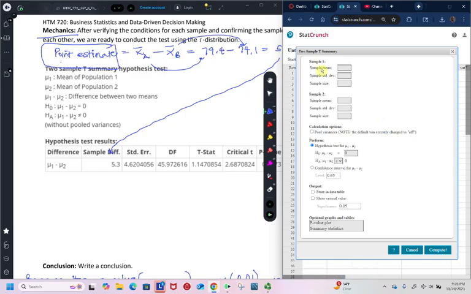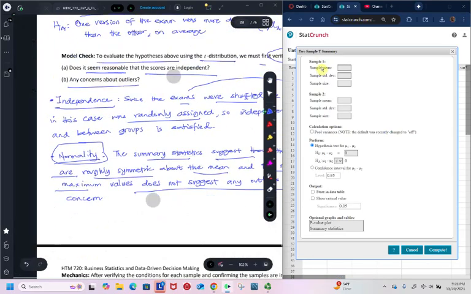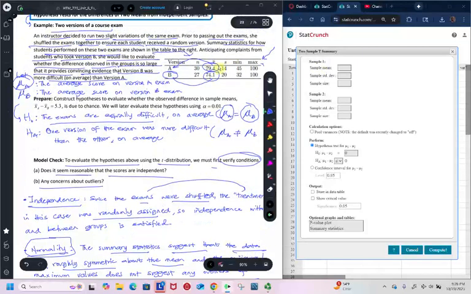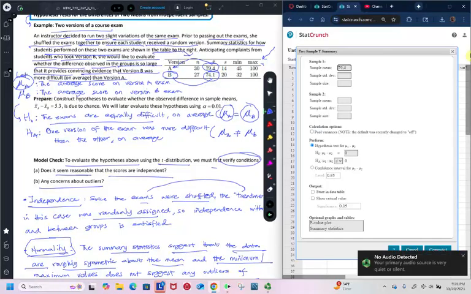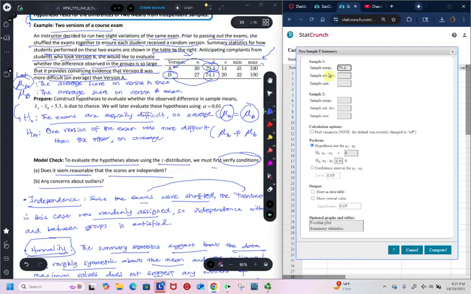In this case, my sample mean for the first group will be 79.4, the standard deviation is 14, and the sample size is 30. So we have 14 and 30. And then for sample 2, you have 74.1, the standard deviation is 20, and the sample size is 27.